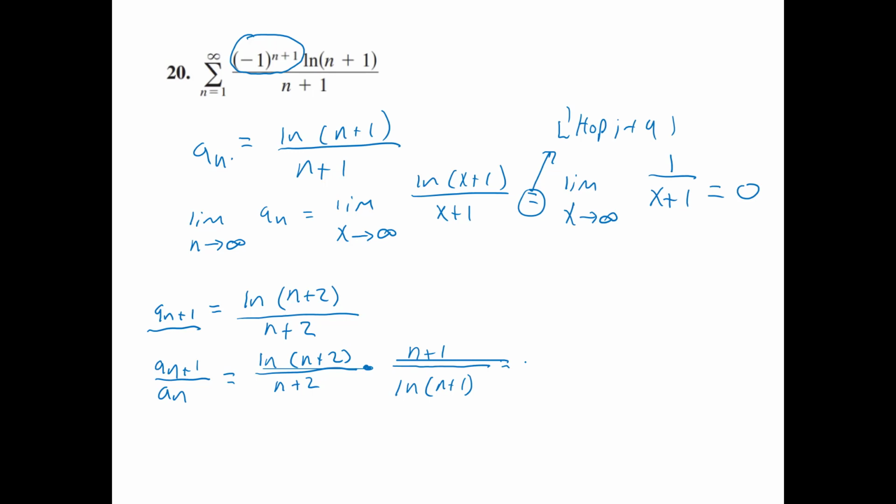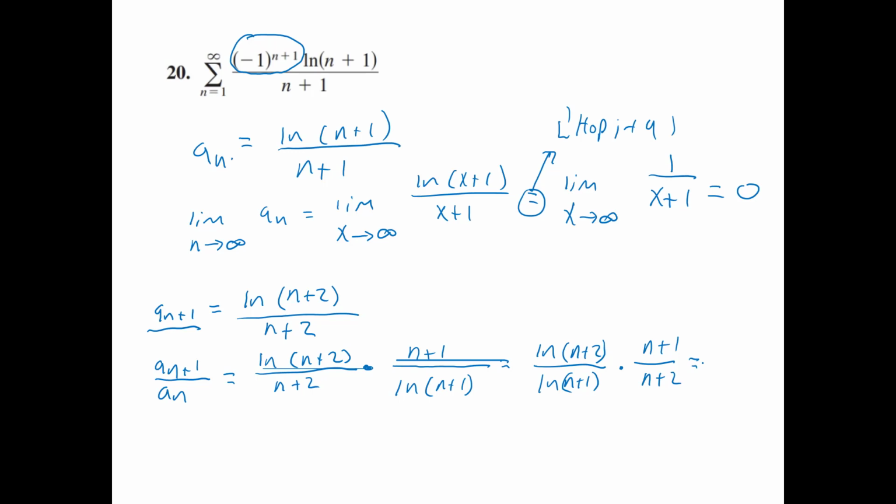Which will then be, we'll regroup this and rearrange it and write it as the natural log of n plus 2 over the natural log of n plus 1 times n plus 1 over n plus 2. And by writing it in this form, since the natural log is an increasing function, oh, see, this isn't obvious.